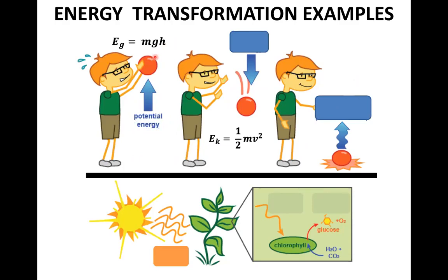And that gravitational potential energy is now available to turn into kinetic energy if the ball is released. And we know that the kinetic energy is increasing because the speed is increasing. So when we lift up the ball and we increase h, since we know h is in the formula for gravitational potential, h is proportional to gravitational potential, we increase gravitational potential. Then letting go, that Eg is available to be transformed into Ek.